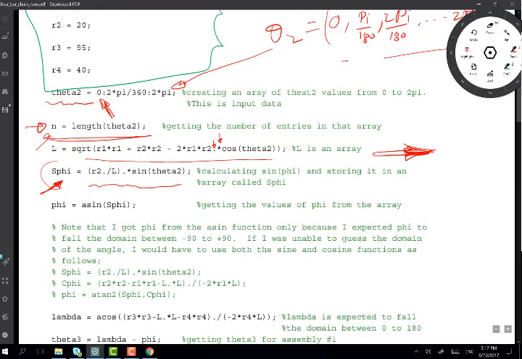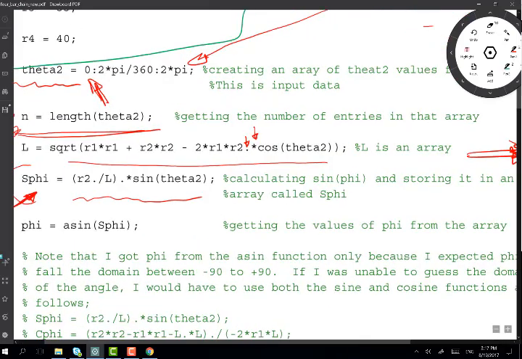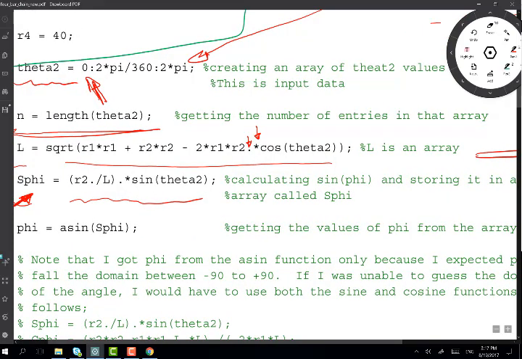All right. So remember, it was R2 over L sine theta 2. Because this is over L, and L was an array, I want to take every value from the array. So you see this is divided by, but I used the dot here, and times sine theta 2, and theta 2 is an array, so I use the dot again.